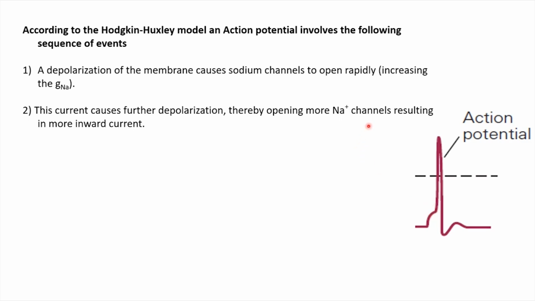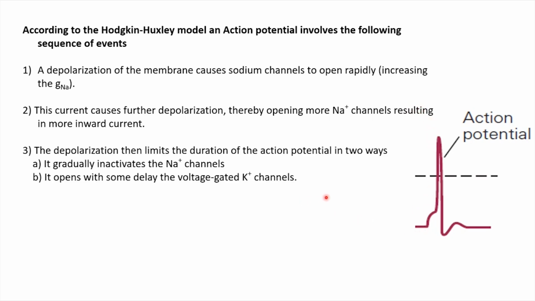So as more sodium channels open, the membrane potential becomes even more positive. There is a positive feedback loop that results in a very sharp rise of the membrane potential, and it will try to take the membrane potential towards the equilibrium potential of sodium ions, which is around plus 55 millivolts. That is the maximum possible value that it can reach.